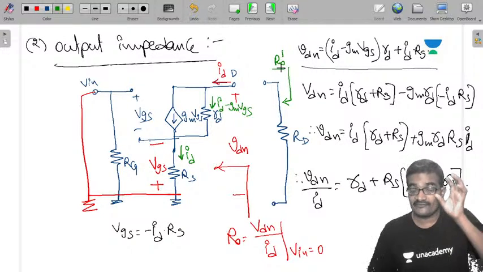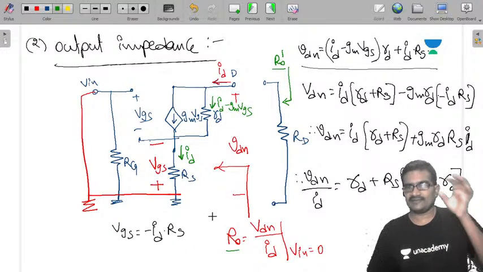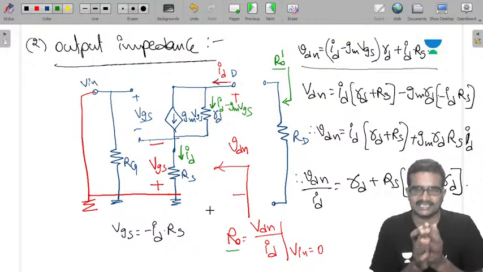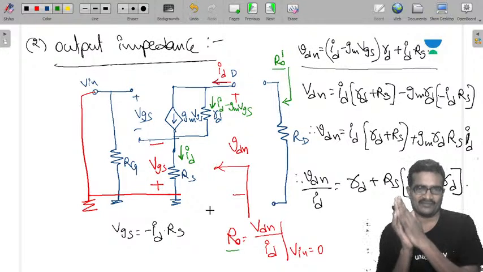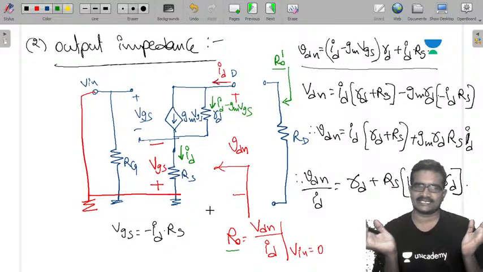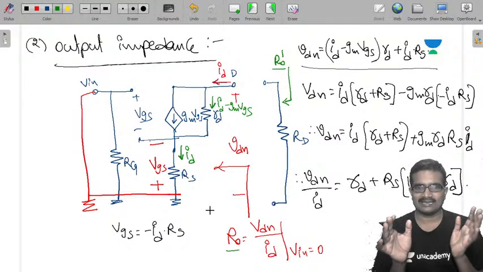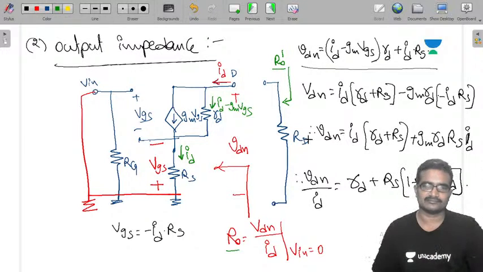Output impedance of device is R naught. Output impedance of the device is different from output impedance of the amplifier. Including biasing resistors, that is the input and output impedances of the amplifier. Without biasing resistors, that is the input and output impedance of the device, at input and output terminals.